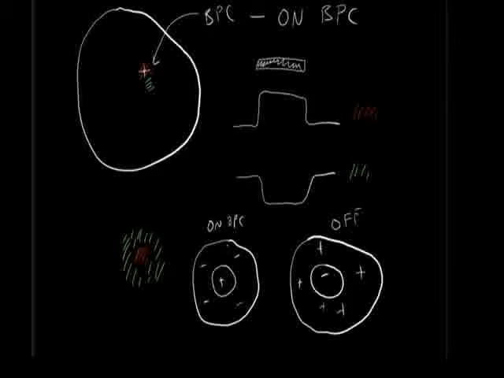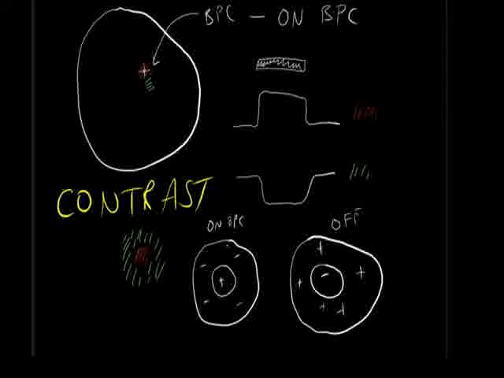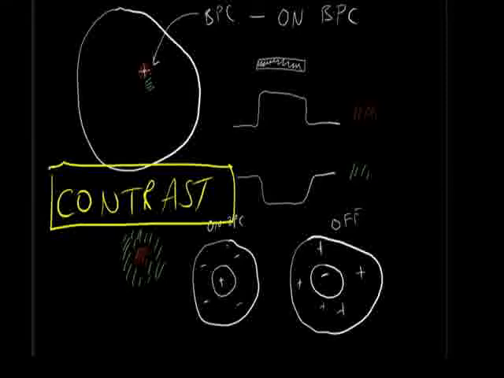So what is this all about? It's all about contrast, because this is detecting changes. If I were to shine a light over the whole receptive field, the plus and the minus would cancel out.